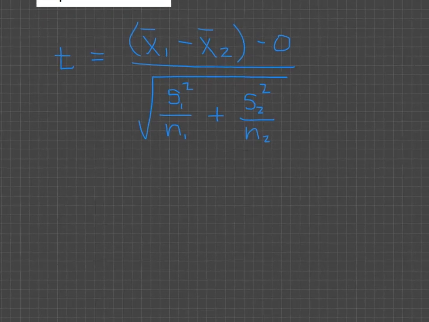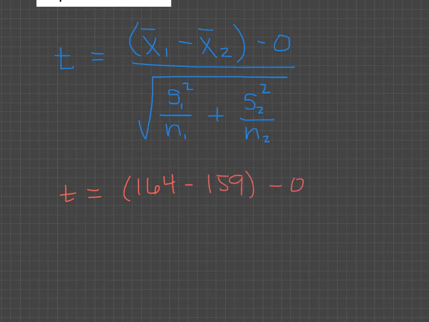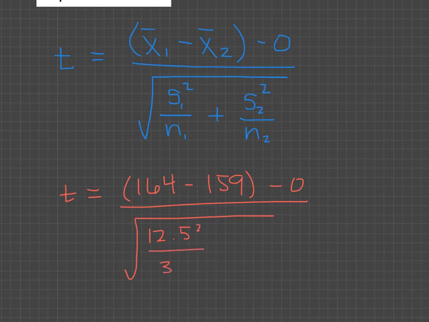So plugging values in, we're going to get t equal to 164 minus 159 minus 0 over the square root of 12.5 squared divided by 35 plus 9.25 squared over 30.